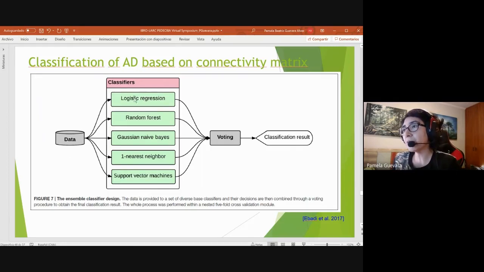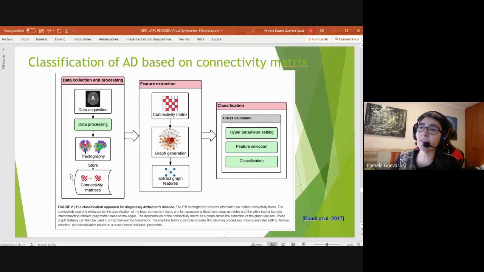What you enter into this kind of algorithm are not the images, but the features extracted from the images. Here, the features are the graph measures. So it's a very indirect kind of analysis.